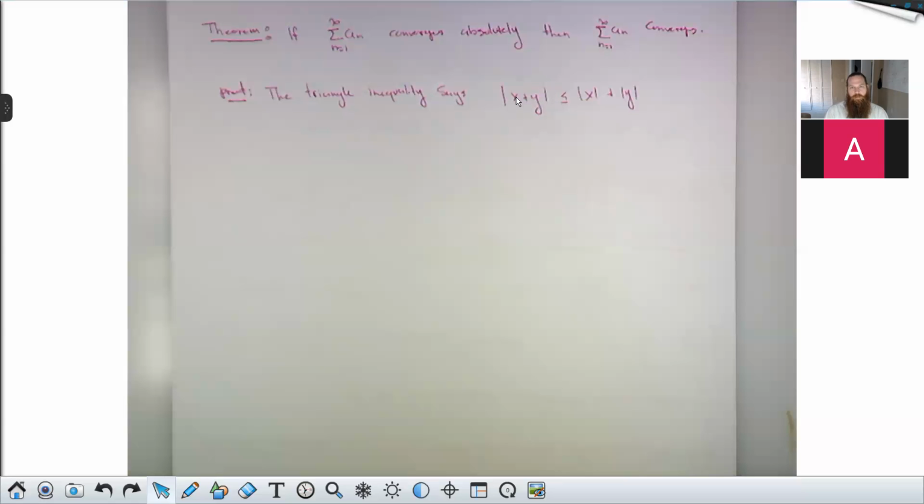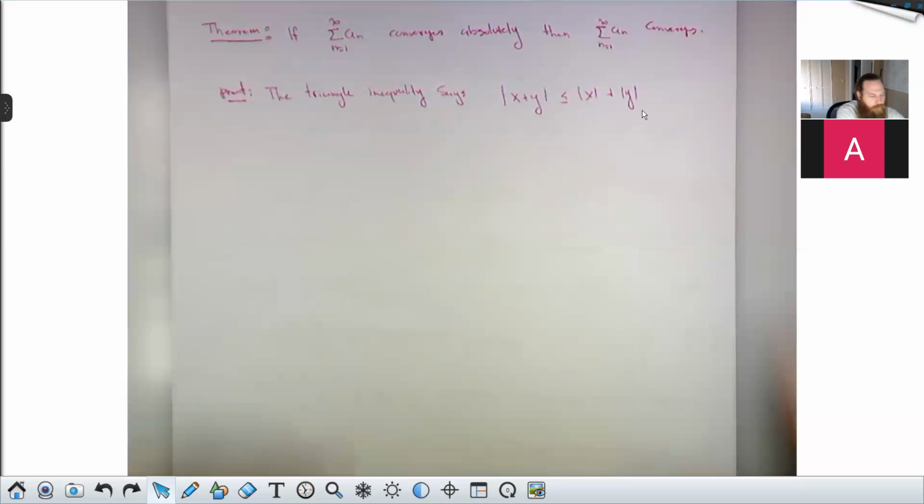If x and y have opposite signs, say x is positive, he walks you to the right, and y is negative, he will walk you back to the left. So this will end up being smaller than if you walk to the right that same amount in both cases.